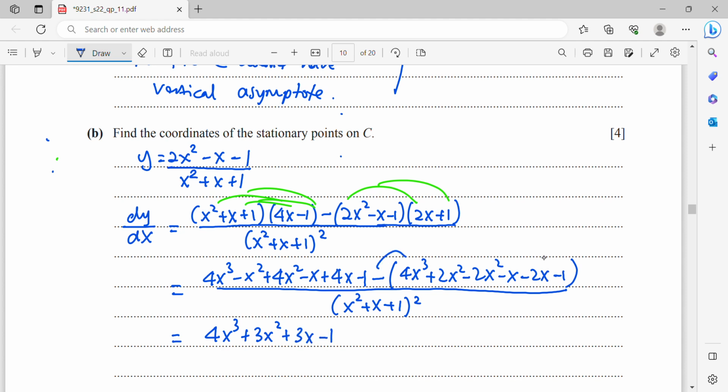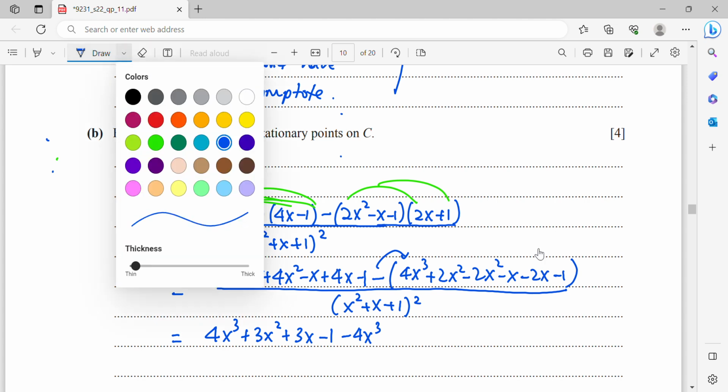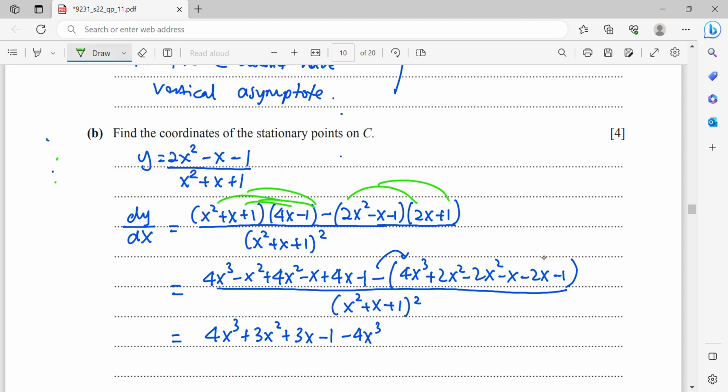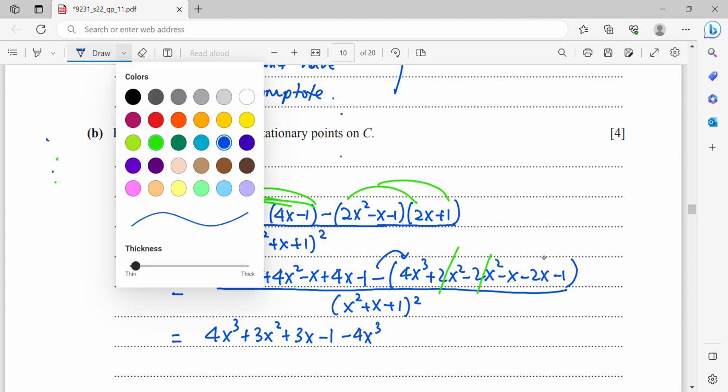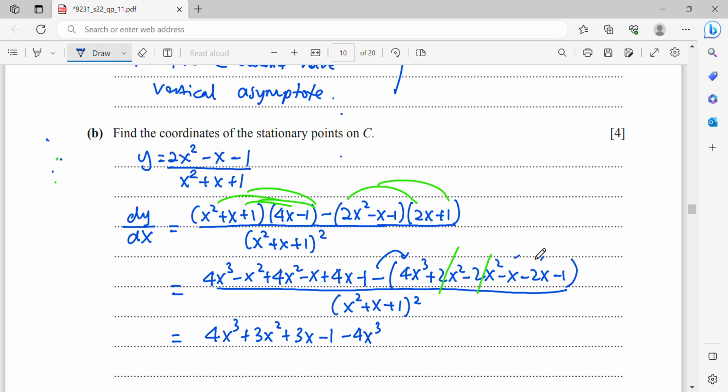This minus you can bring in, so I will get negative 4x cubed. 2x squared and negative 2x squared cancel off. Then negative x, negative 2x, is negative 3x, and times the negative outside it will be positive 3x. Lastly, minus 1 times minus is plus 1. Then over the square of x squared plus x plus 1.